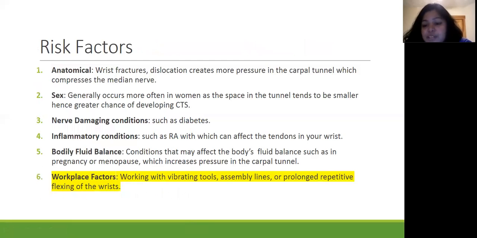Risk factors. These are some of the risk factors as described by conventional medicine, and some of them do kind of align with what we are looking at as well. So some of the risk factors are, it can be an anatomical issue. For instance, a wrist fracture or dislocation may create, again, more pressure in the carpal tunnel, which compresses the median nerve.